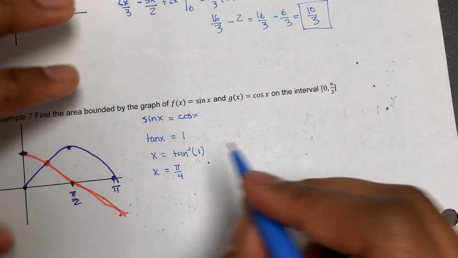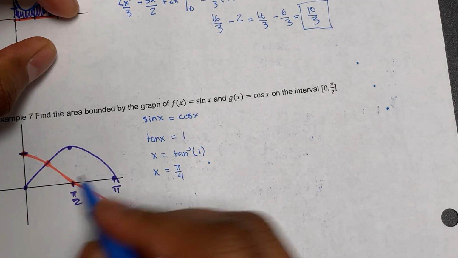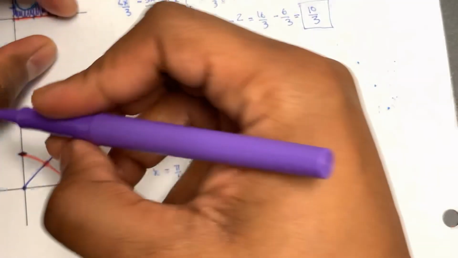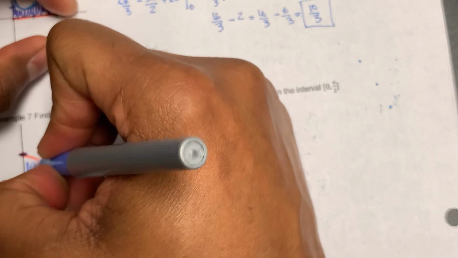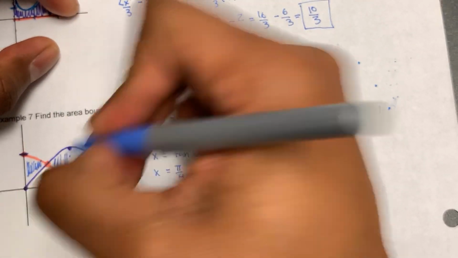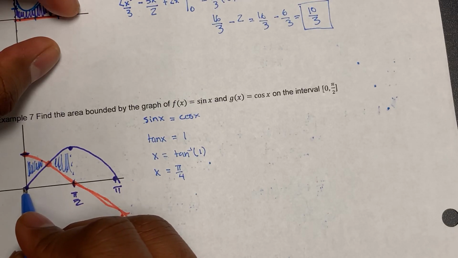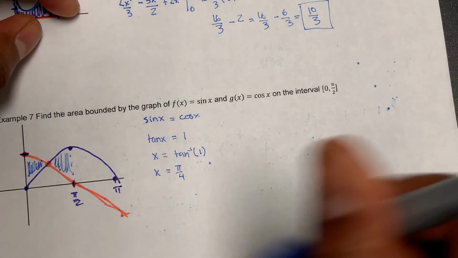So instead of us having an integral from 0 to pi over 2, which is the area between these curves, we're going to have one integral from 0 to pi over 4, and another integral from pi over 4 to pi over 2.